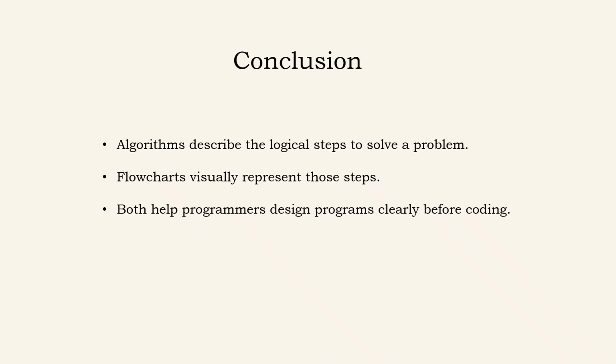Using algorithms and flowcharts helps programmers design solutions very clearly, identify logical errors, and write better, more organized programs. Before writing programs in C or any language, it is always good practice to design the algorithm and the flowchart first. This improves both program efficiency and readability.